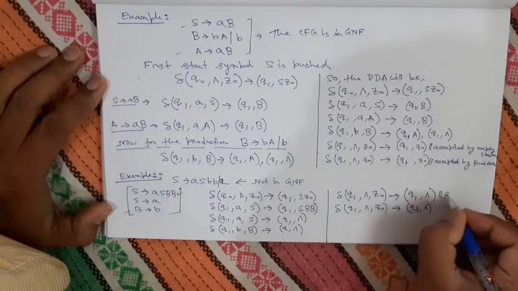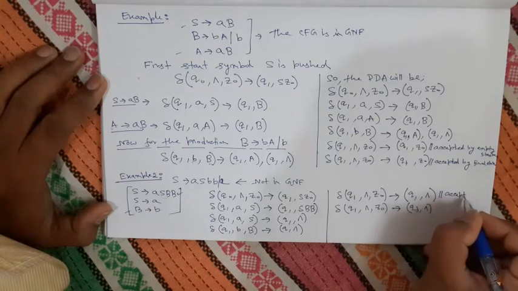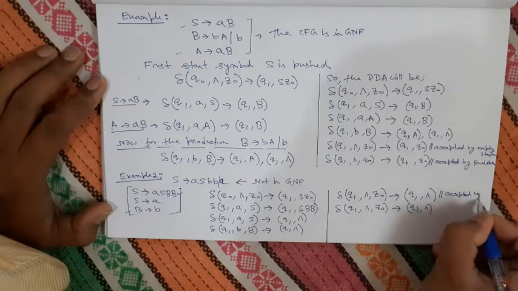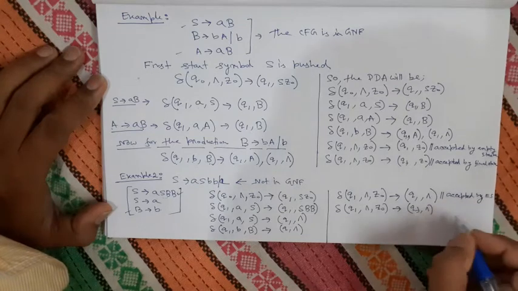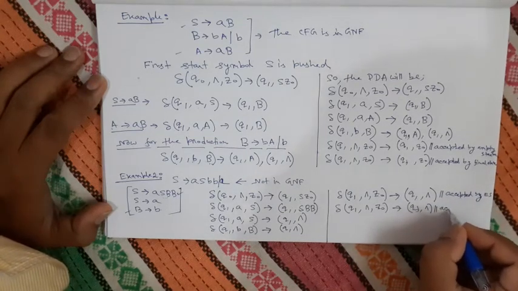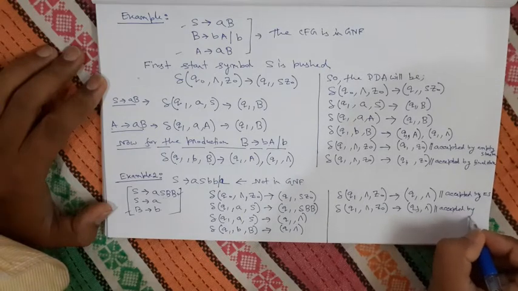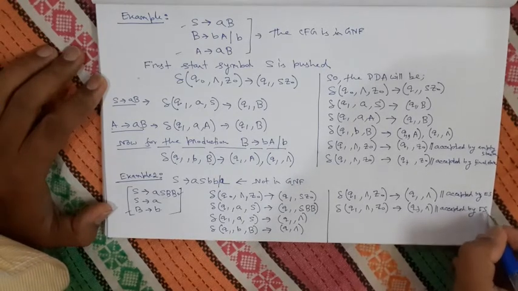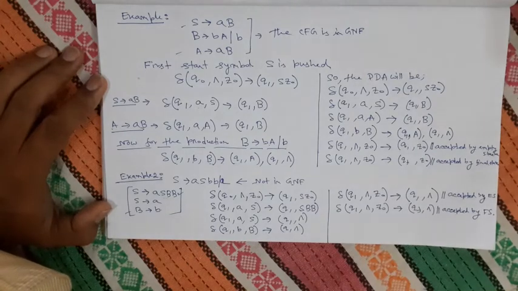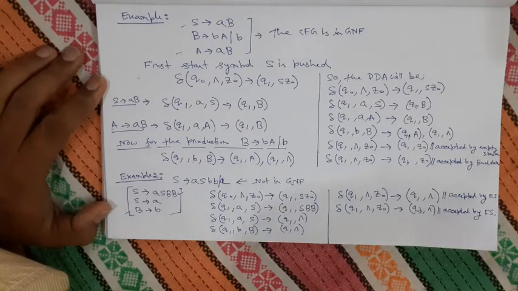Again this is accepted by empty stack, and this is accepted by final state. I think you have understood how to convert this CFG to PDA.